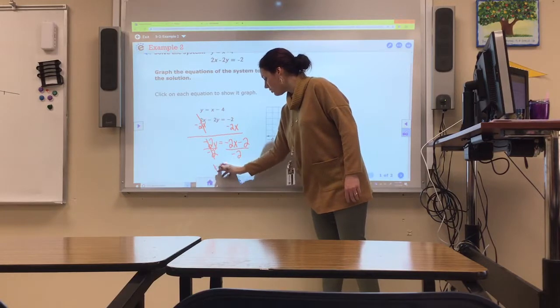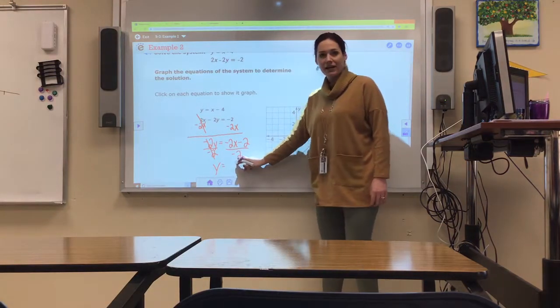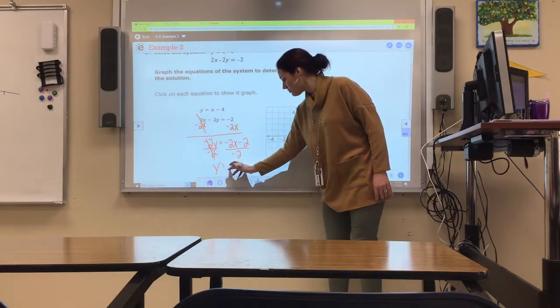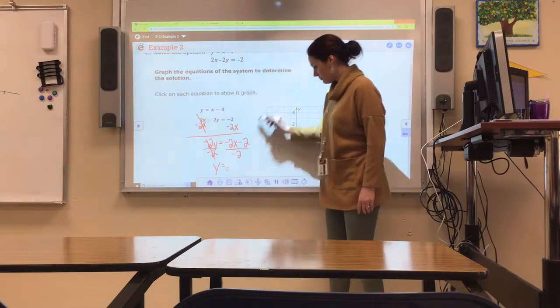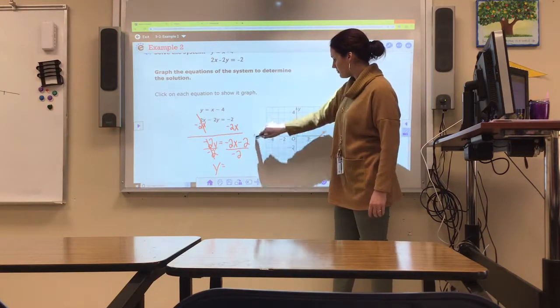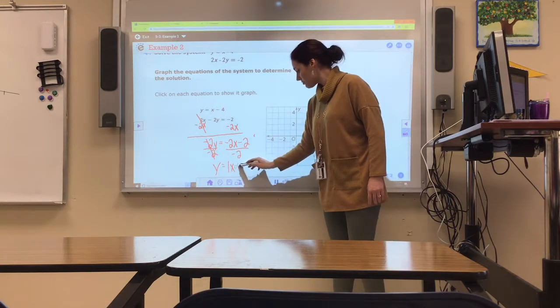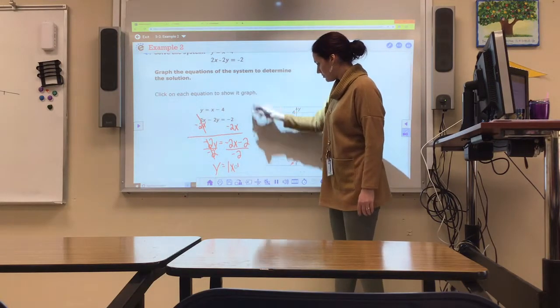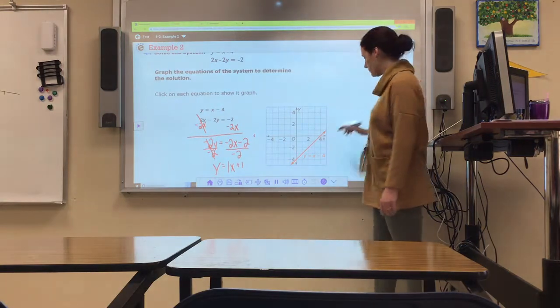Okay, so y equals negative 2 divided by negative 2 is going to give me a 1x. Come on, you can do it. There we go. And negative 2 divided by negative 2 is 1. So we get 1x plus 1.